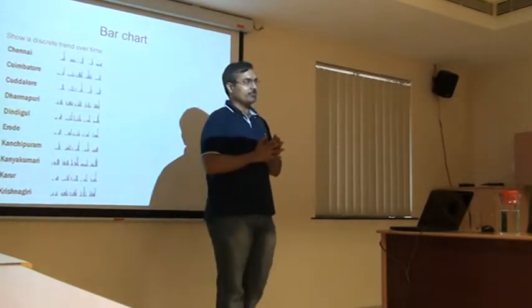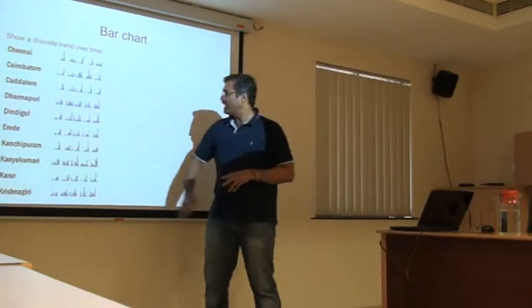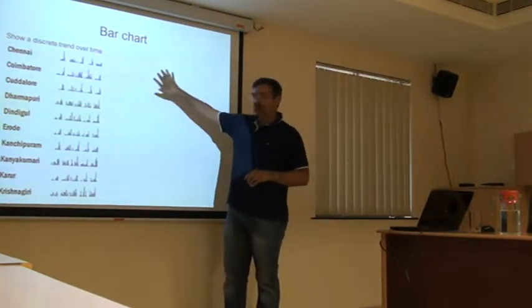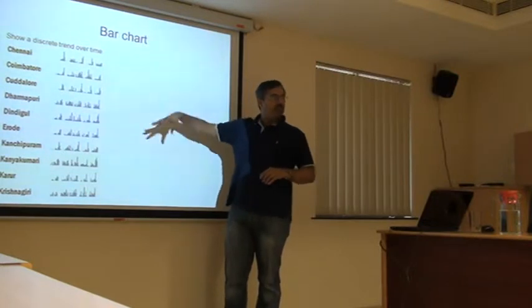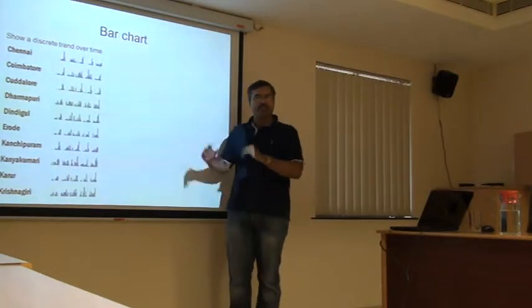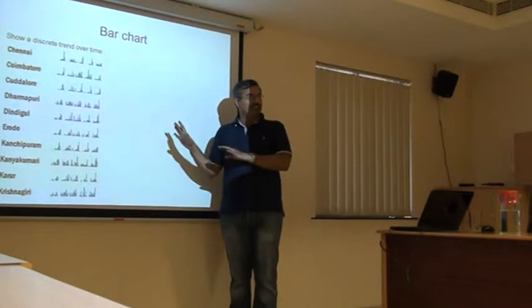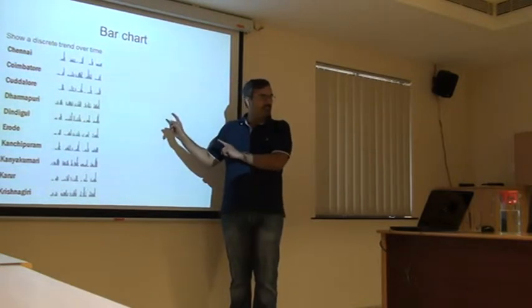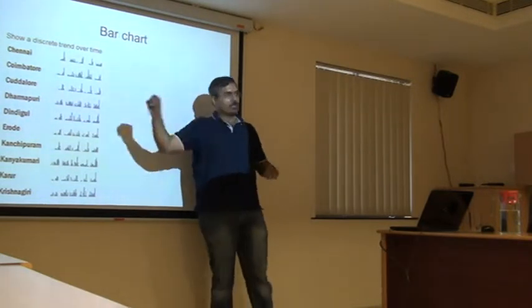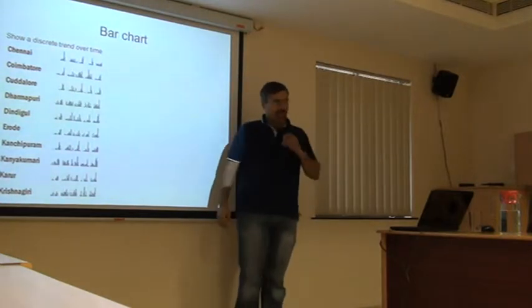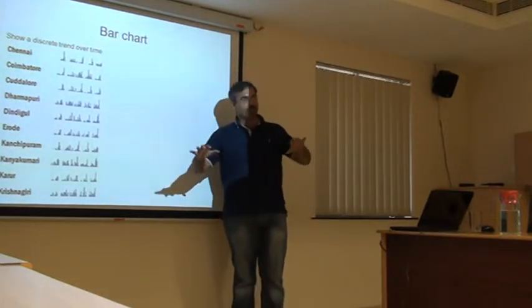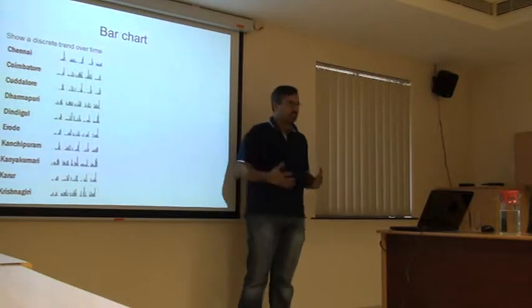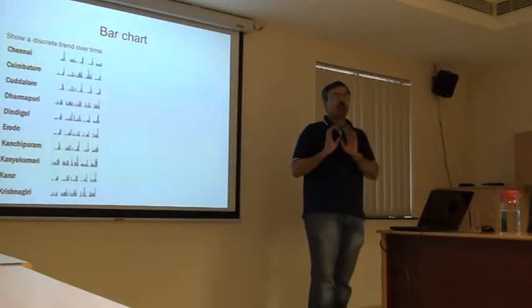Which basically means, let's say next to this, I've got a picture of a cloud and I've got rain falling down to tell me that it's rainfall data. I'm just wasting ink. There's nothing additional that gives me compared to if I just wrote the word rainfall, which takes a lot less ink. And if I had the god of thunder and the god of rain also standing next to them to make it look jazzy, that's a total wastage of ink.